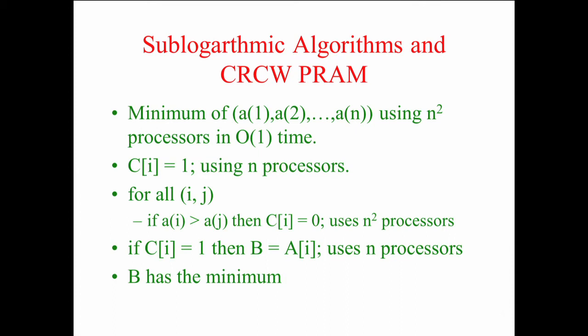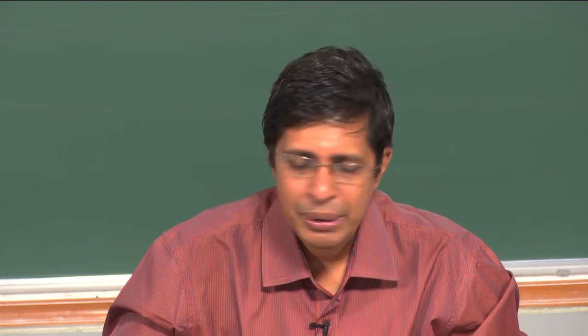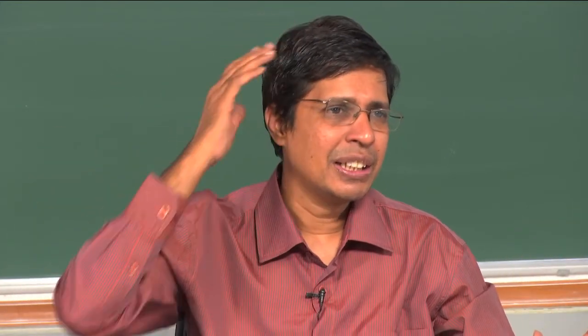Now note that except for the minimum elements, every element would be set to 0. I can have more than one minimum element also, right, because if Ai is greater than Aj, I consider all the pairs i, j except i not equal to j, of course. If Ai is greater than Aj, then I make Ci equal to 0.